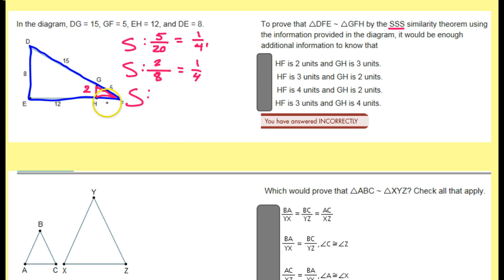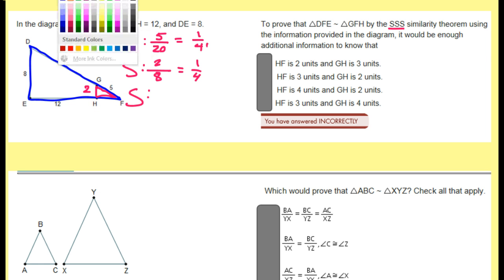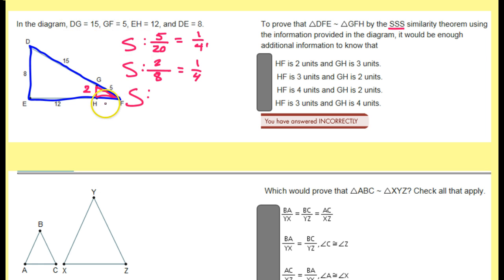And what else? This other side here. Maybe I'll use X again because I'm finished with it. Imagine that this was X. So that would be the little small side, so it would be X over the big side. Now here comes the tough part.